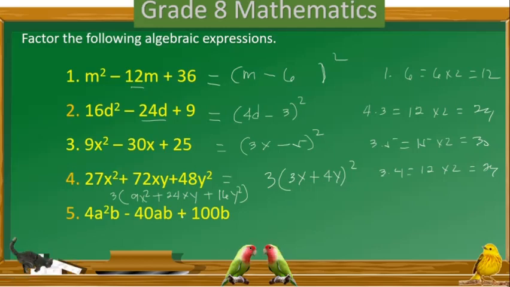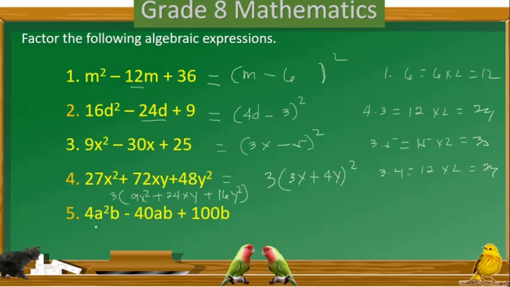So as you can see, there is a square root for 4a squared, and for 100, that is 10. But for the middle term with a and b, there's none. So we'll find the factor using the greatest common monomial factor.